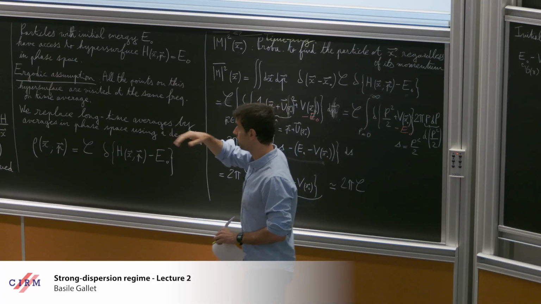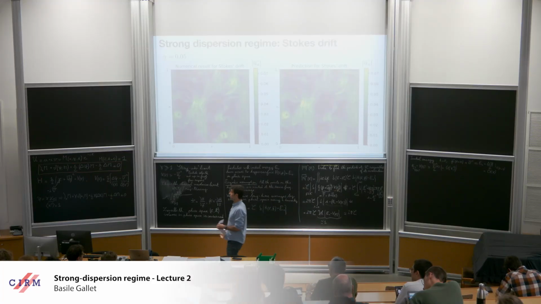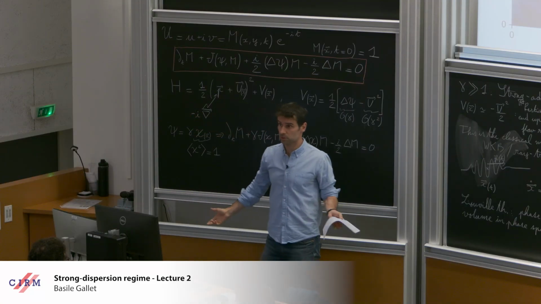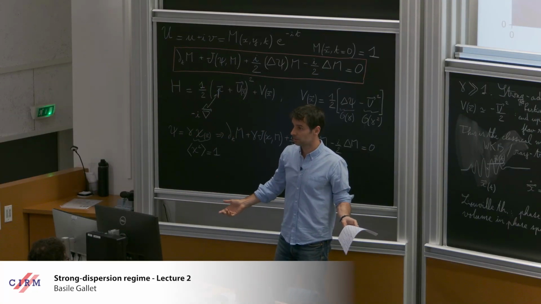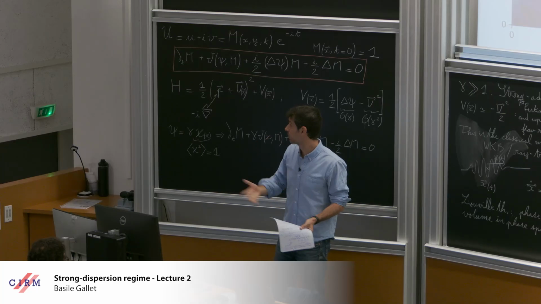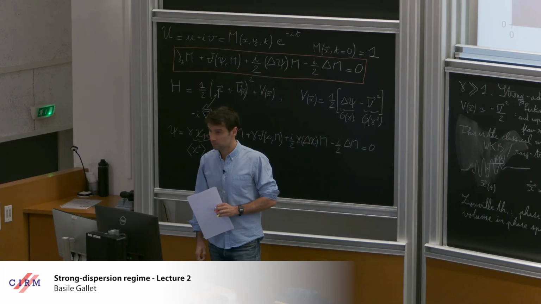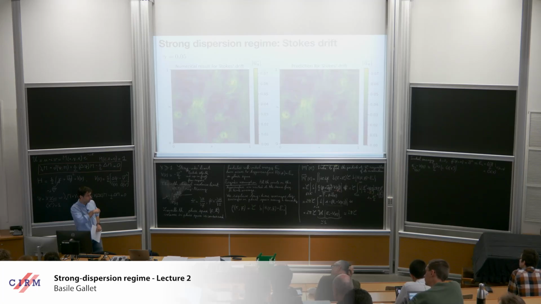Yes, the problem is dynamical, but I would like to know where the kinetic energy of the wave will be predominantly located on time average. I'm computing the time average because in the long time, what I get is that it's going to be uniformly distributed here. That's a consequence of this time average.